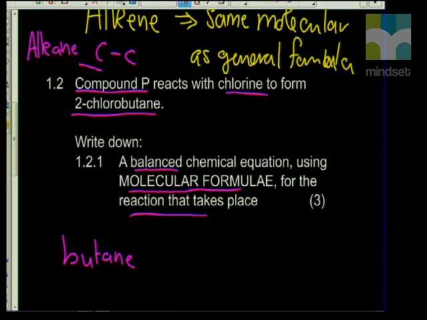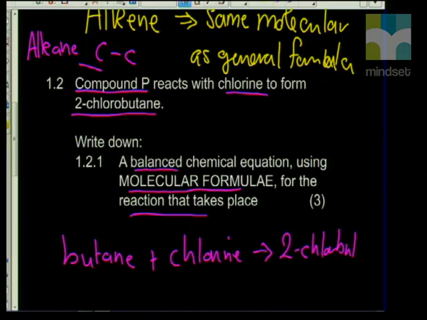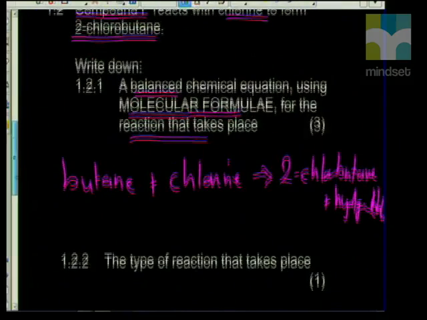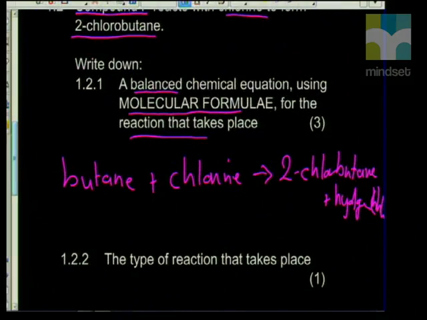I'm just putting it in words, butane plus chlorine, so I don't make a mistake, gives us 2-chlorobutane. And we are going to have something else left over as well. It's going to be hydrogen chloride. That is just to guide me so that I don't make the mistake.